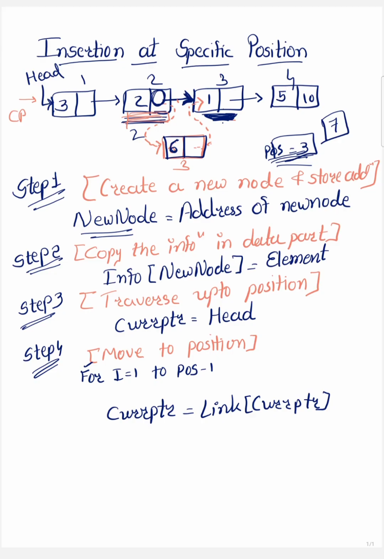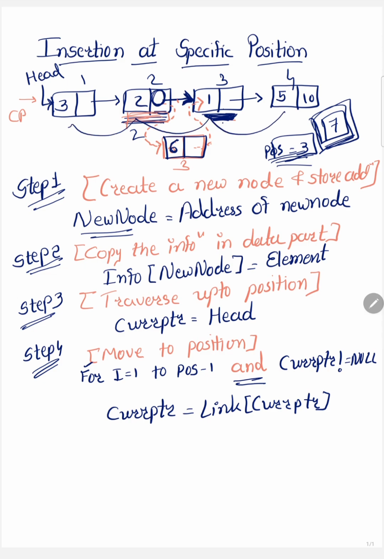So for this out of the scope case, we need to have one more condition along with this, an end condition: current pointer is not equal to null. Now why current pointer is not equal to null? Because you are hopping from first position to second position, second to third, third to fourth, right?